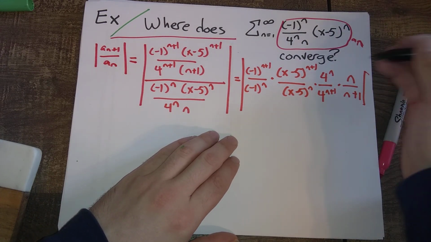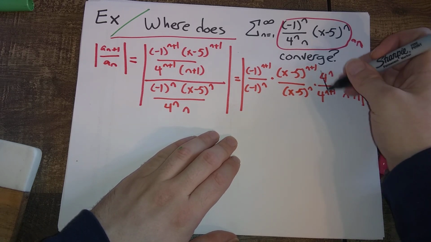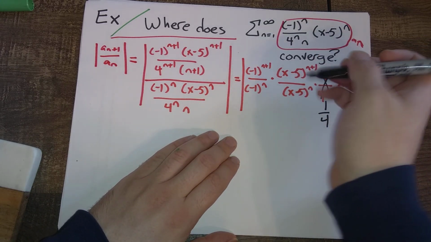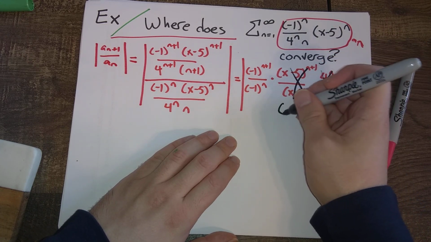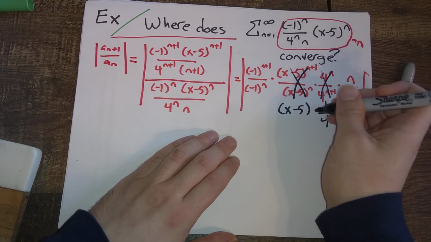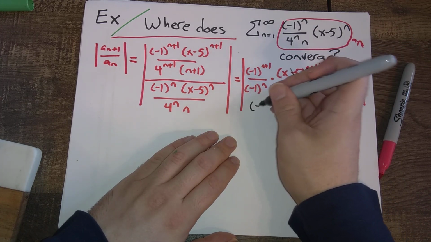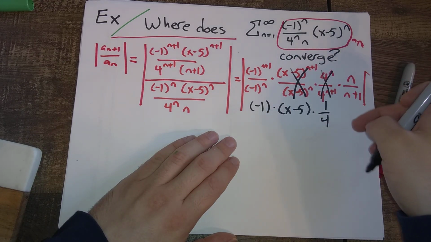So what is canceling here? 4 to the n divided by 4 to the n plus 1 is just 1/4. x minus 5 to the n plus 1 divided by x minus 5 to the n cancels down to x minus 5. Minus 1 to the n plus 1 divided by minus 1 to the n is just minus 1, although we'll take an absolute value of that to get rid of it.